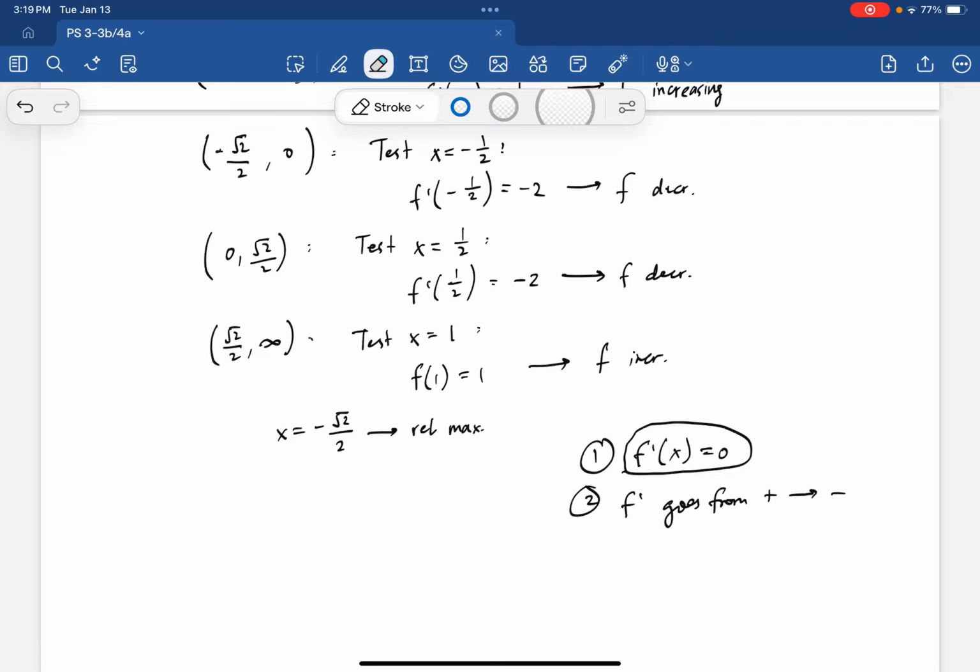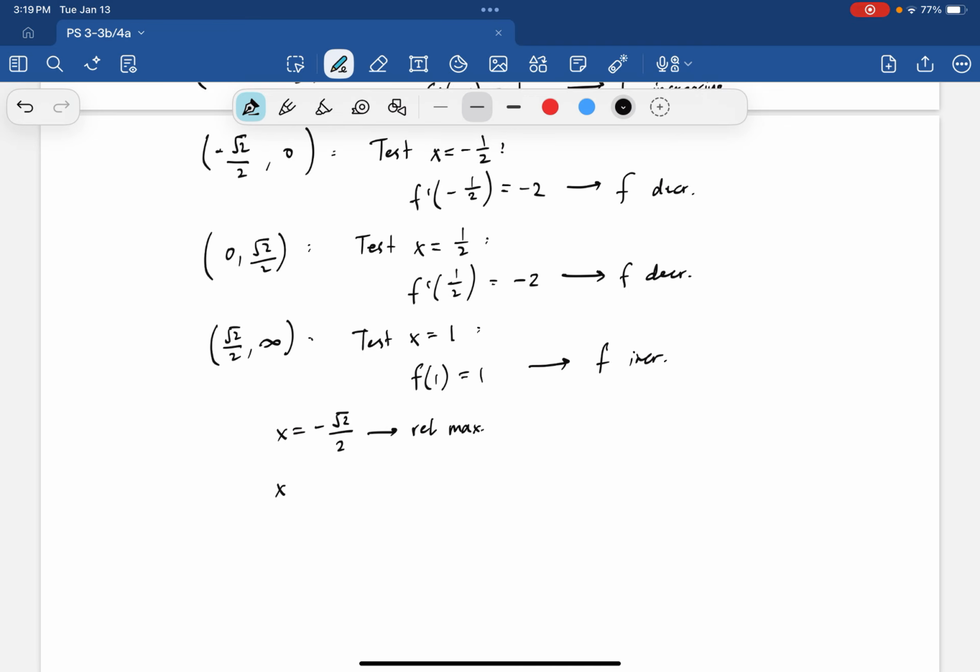But it's very important that f prime has to equal 0 in order for it to be a relative maximum. At the very least, the function has to be defined. I can think of one case where it actually doesn't equal 0, and that's for an absolute value function. But the function does have to be defined. And that's very important, and we'll see here, because for x equals 0, it is neither a relative maximum nor a relative minimum, because f of 0 is undefined, right?